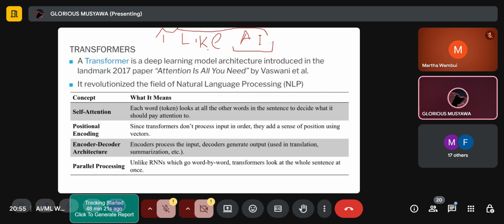That's how I think of it, though not entirely correct, but it helps me understand. So that is an explanation of what transformers are and how they work.